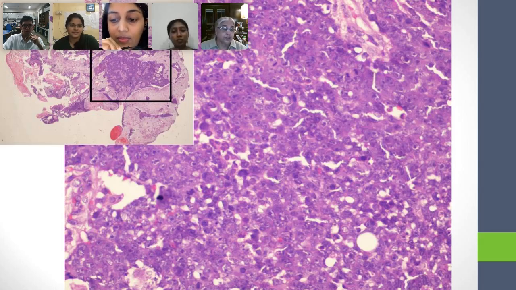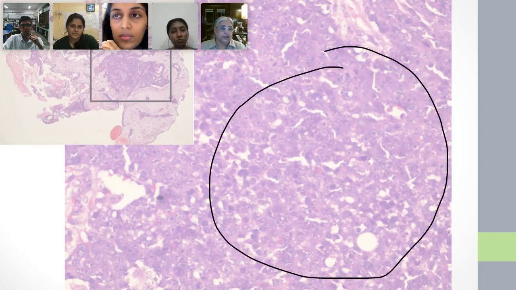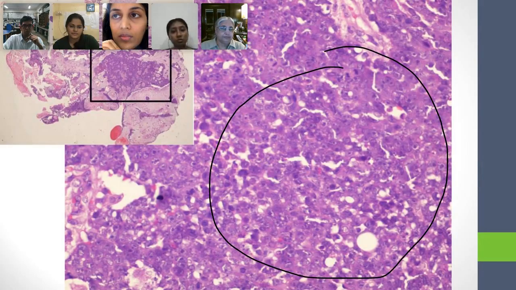And now we come to this area where Kshitija was talking about. Look at this whole area over here. What is it? Now you have to describe this, Kshitija. We've come to high power.